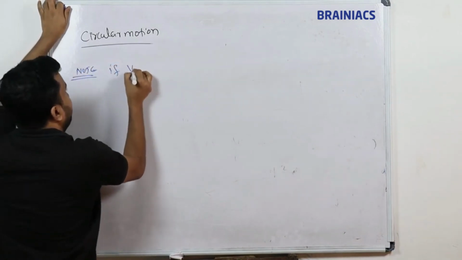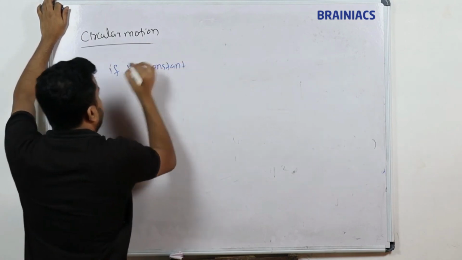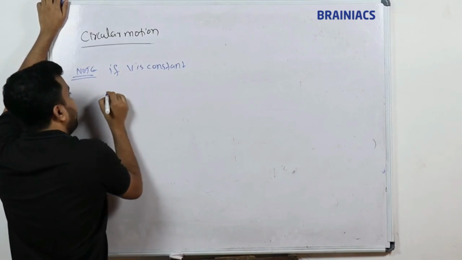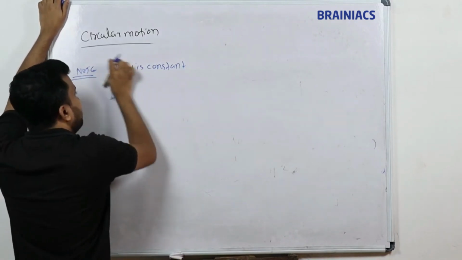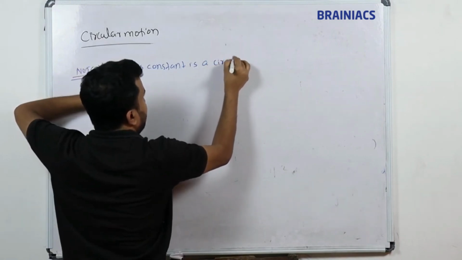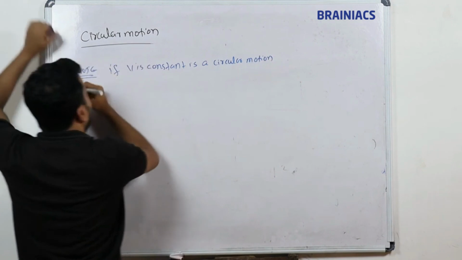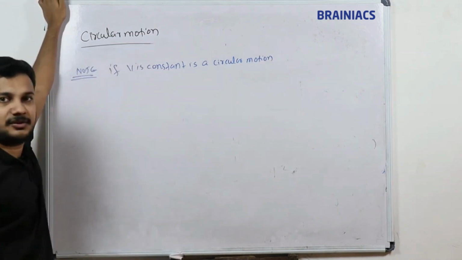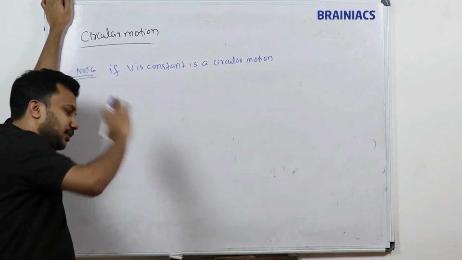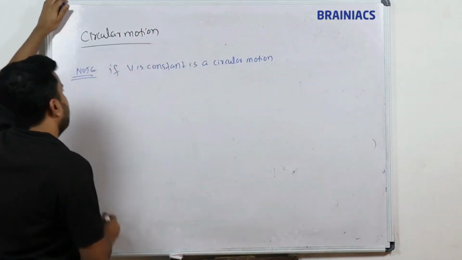If V is constant, you have to understand what this indicates in a circular motion. If velocity is constant in a circular motion, definitely the direction is not constant, because direction keeps on changing everywhere. But what is constant?